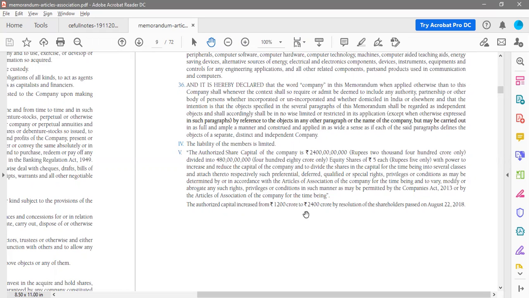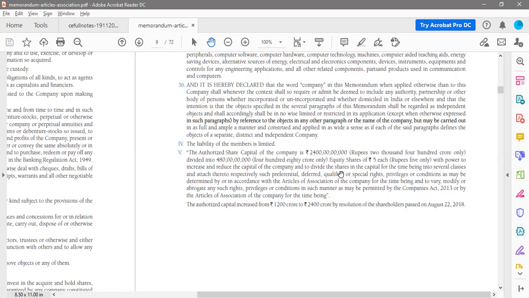Now Infosys can issue 2400 crores throughout the lifetime of the company. How will they issue? They will issue it by equity shares. How many equity shares can they issue? 480 crore equity shares at 5 rupees. That is the authorized capital.